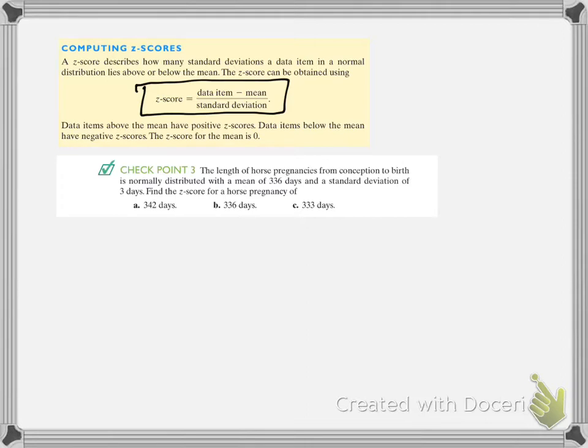So let's take a look here. The length of horse pregnancies from conception to birth is normally distributed with a mean of 336 days and a standard deviation of 3. Find the z-score for a horse pregnancy of 342.